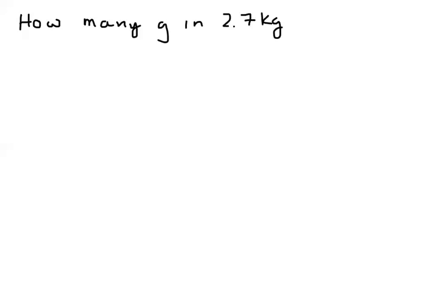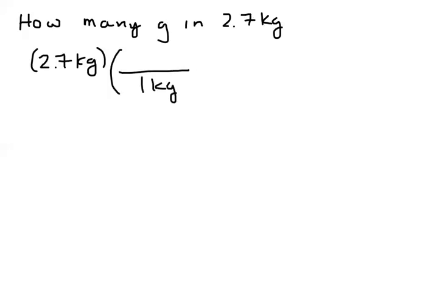Now that we know that this should be a big number, let's start out with 2.7 kilograms. So when we're doing unit conversions, our goal is to get rid of whatever we started with and end up with what we want. So I'm getting rid of kilograms and I want to turn that into grams. That means that I'm going to put 1 kilogram on the bottom, right?